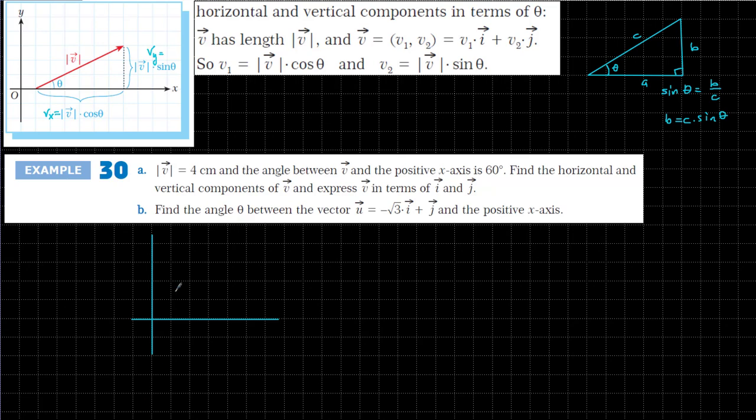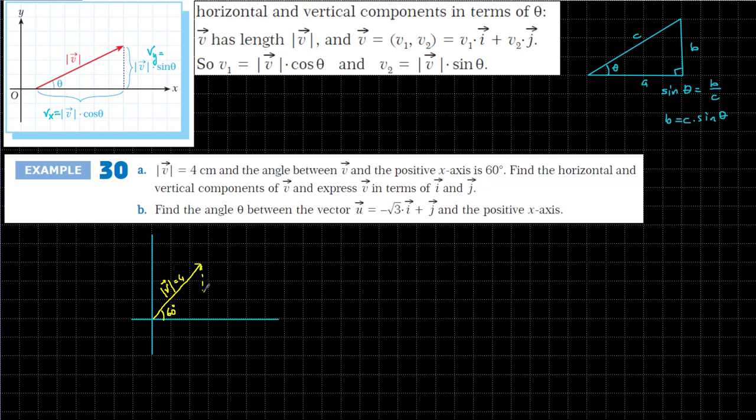I'm going to draw one V vector. It is a standard vector, I mean a position vector, which starts from the origin, and the angle is 60 degrees, and the length of the vector V is equal to 4 units.